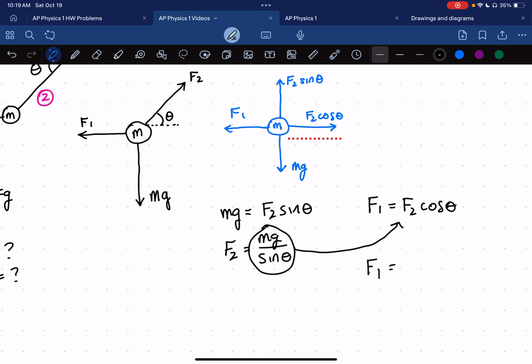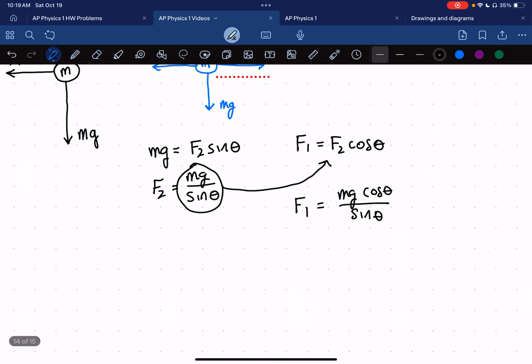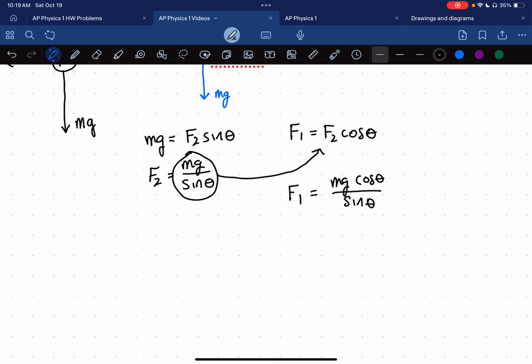So F1 is equal to mg times cosine theta over sine theta, which is equivalent to a few things. This is also equal to mg times the cotangent of theta. This is also equivalent to F1 equals mg over tangent theta.